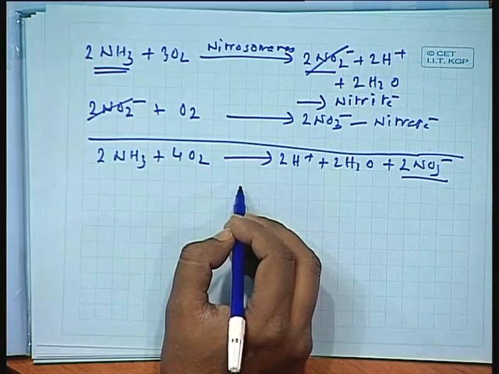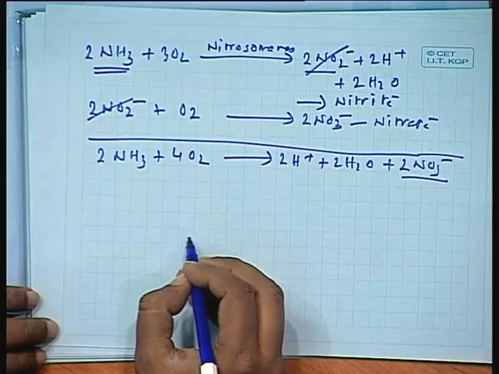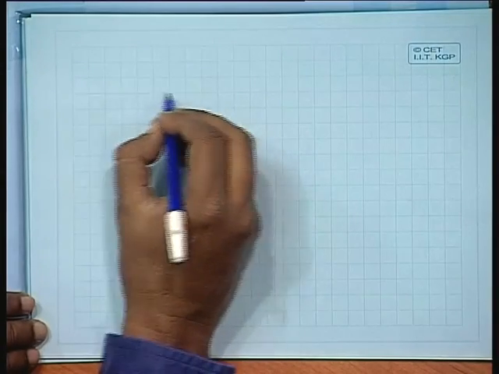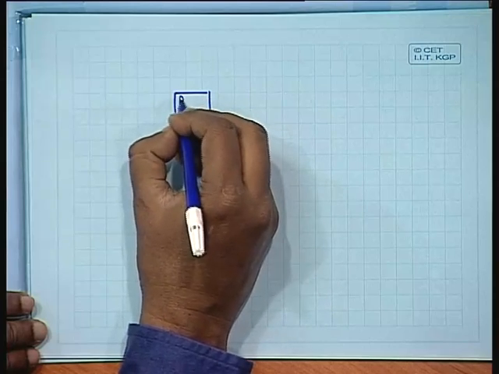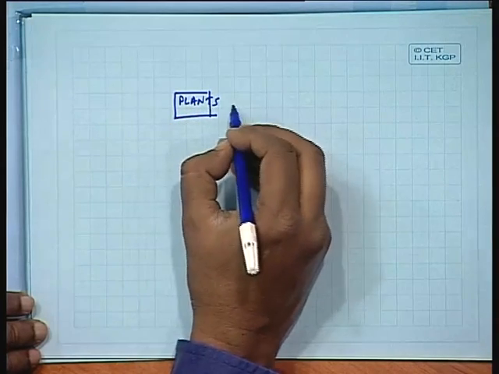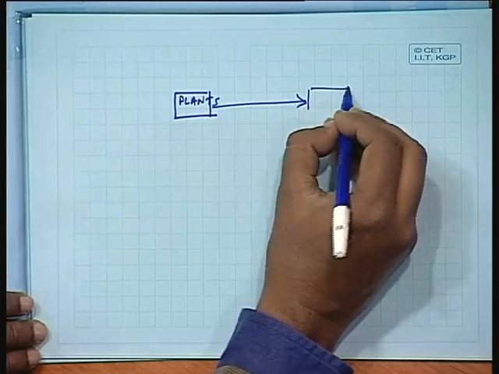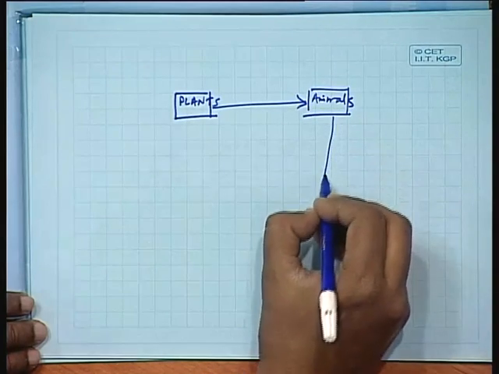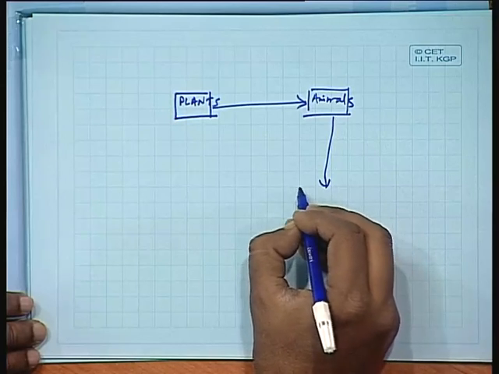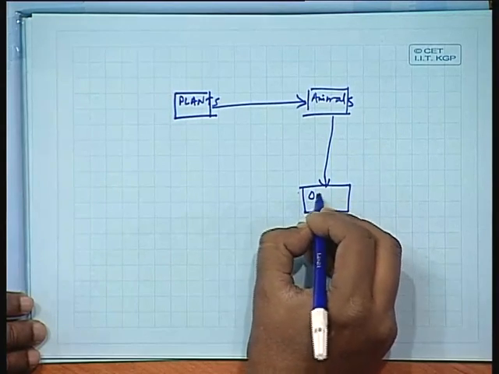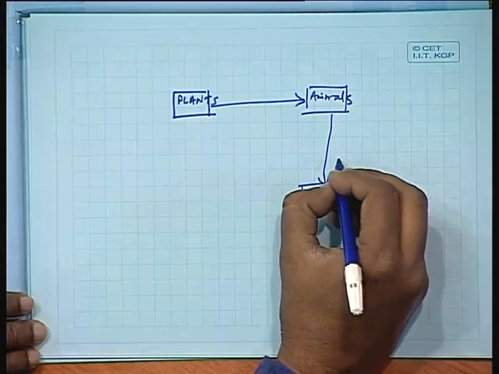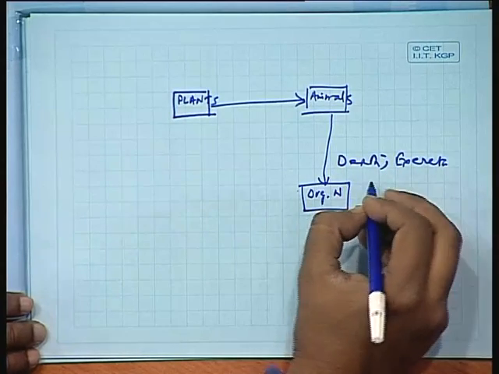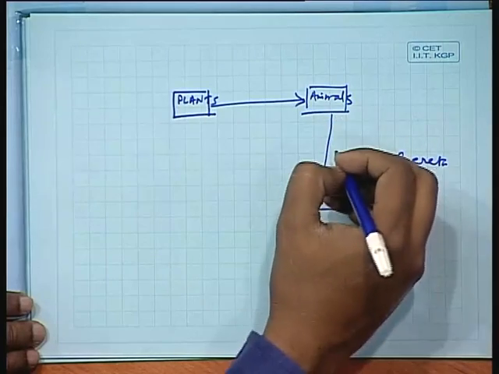Let me take a little bit on this. This is how the mechanism essentially takes place. This is the plants, the animals, then from the animals comes the organic nitrogen, death, excreta, etc. You can see there are possibilities of two sources.